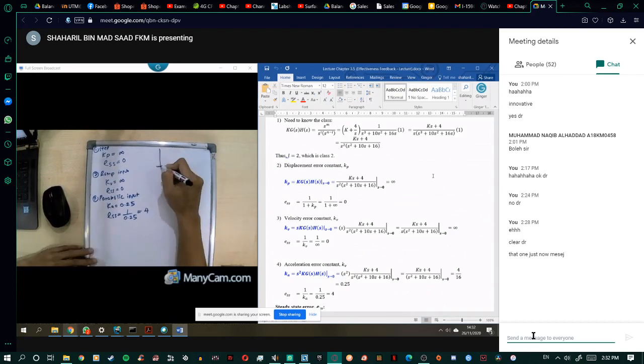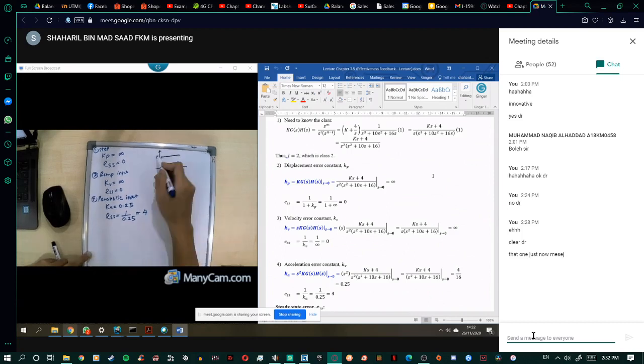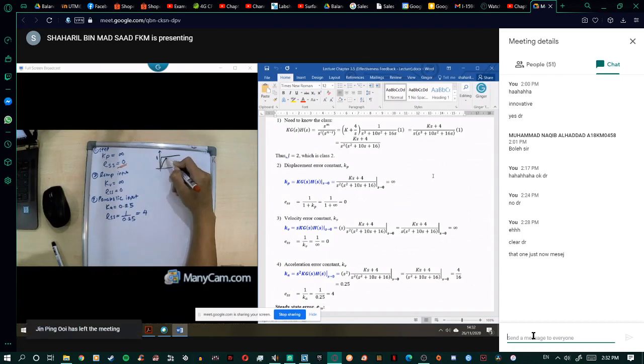For example, you put in 1. What happens to the output until you get the steady state error? This will be the output, and this is your steady state error, which is equal to 0.